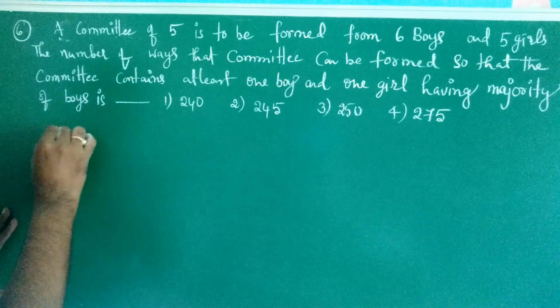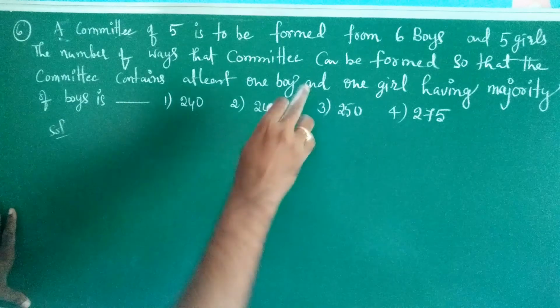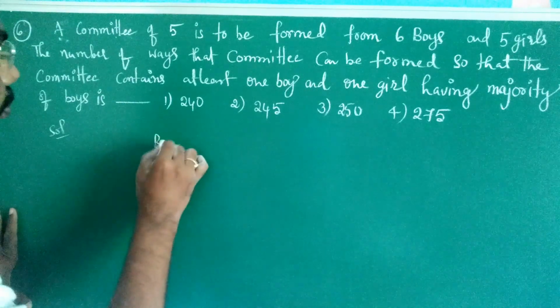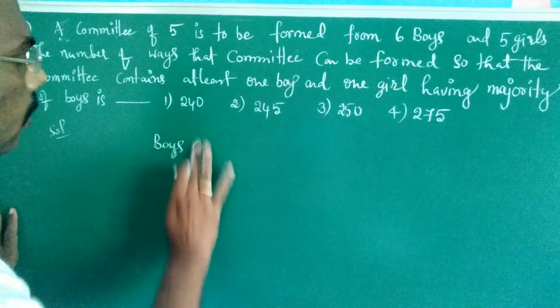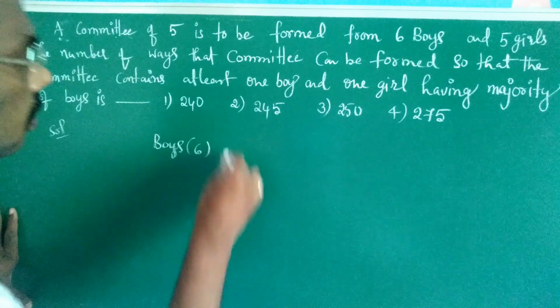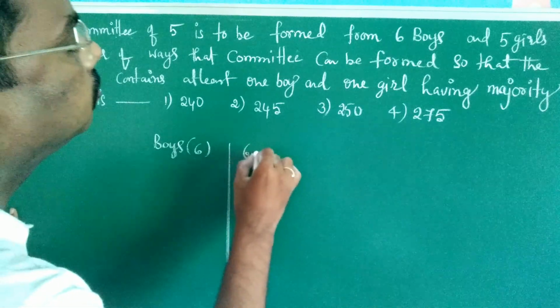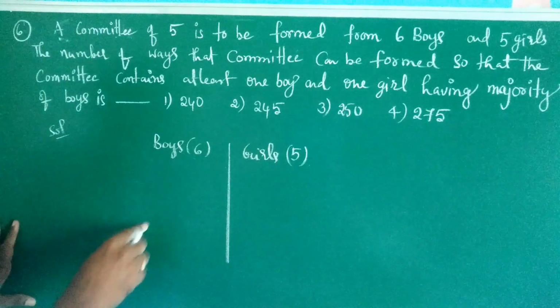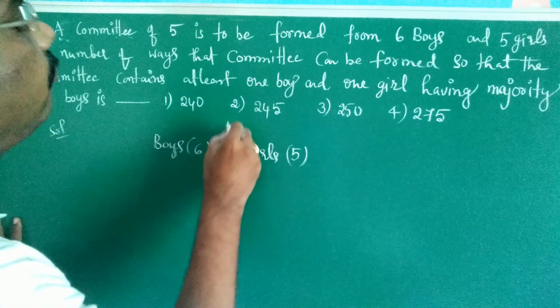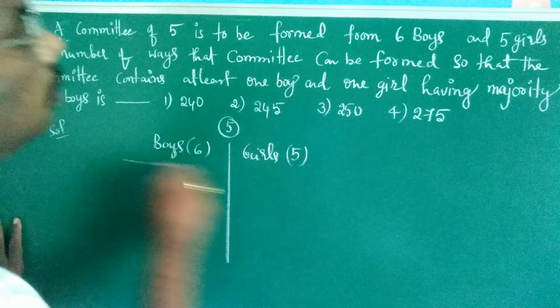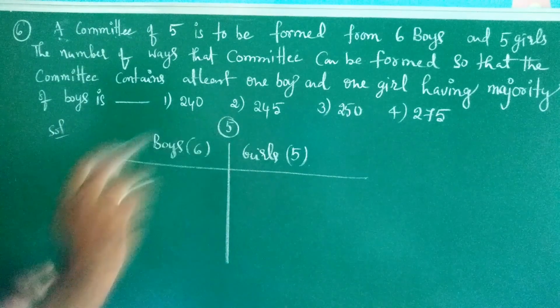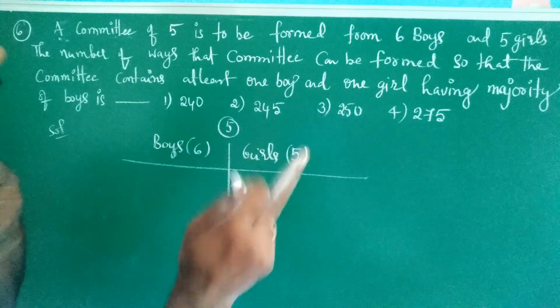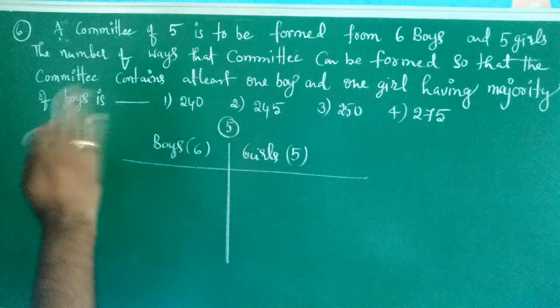Now 6 boys, 5 girls. Now a committee of 5 is to be formed. Now according to the condition, at least one boy and one girl, having a majority of boys.